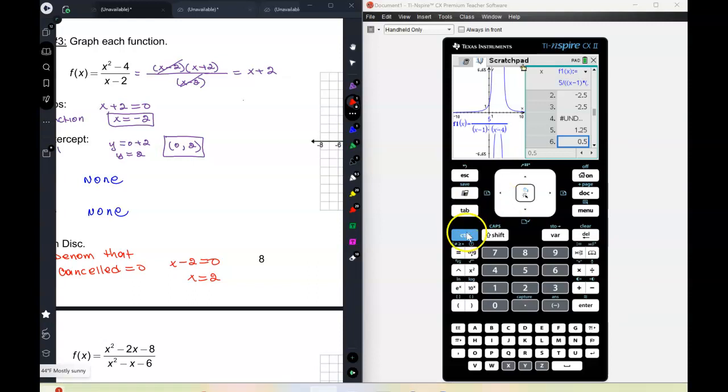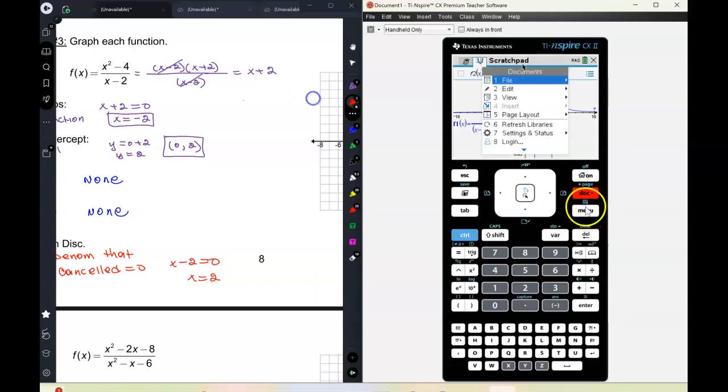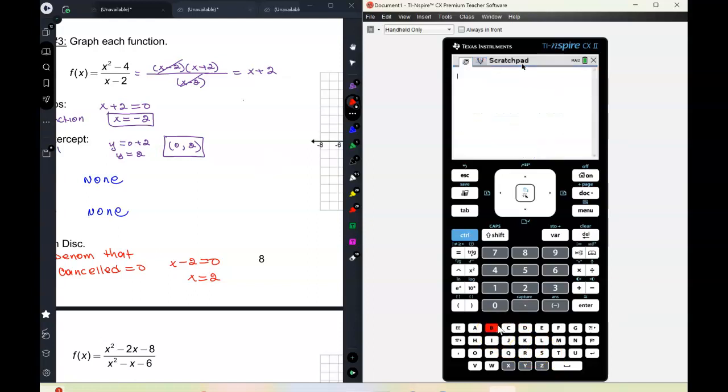So here, why don't we graph the original function, in parentheses, x squared minus 4 divided by x minus 2. Okay, you get a line.